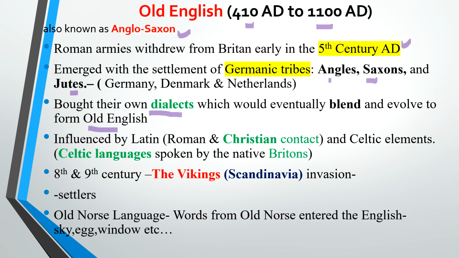This Old English was influenced by Latin and Celtic elements. Romans ruled Britain for some years. Latin was their language, and Christianization is also a reason for the Latin influence on Old English.